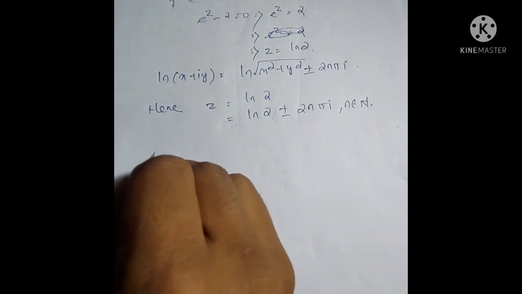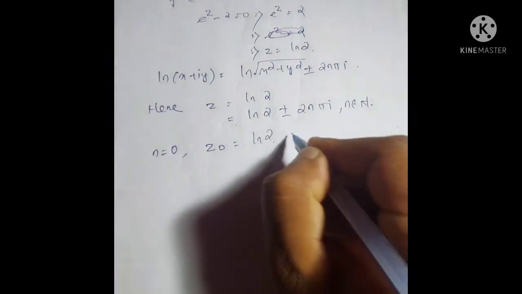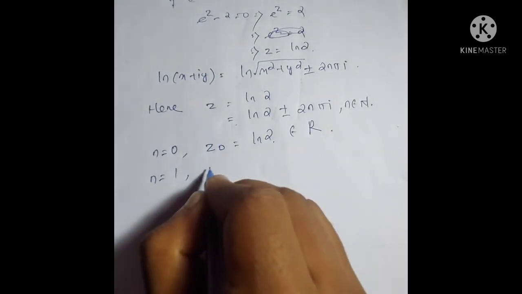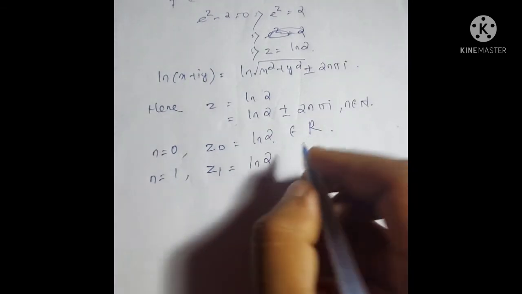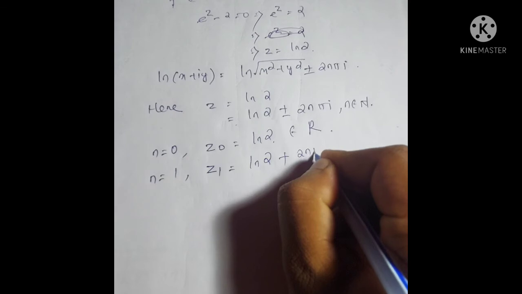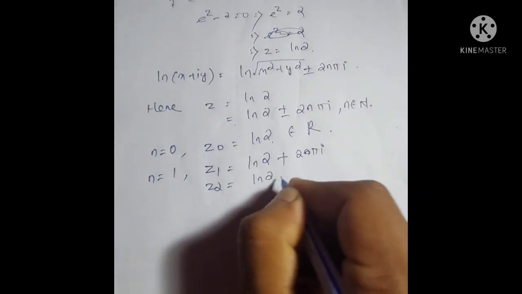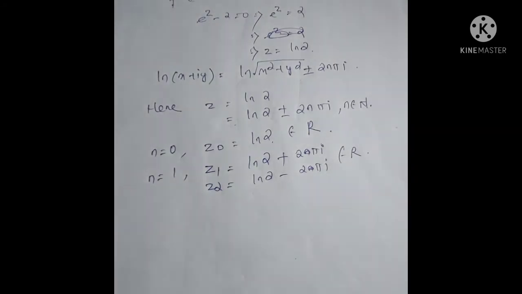Now take n = 0, then z0 = ln 2, which belongs to the region R. For n = 1, z1 = ln 2 + 2πi and z2 = ln 2 - 2πi, both belong to the region R.